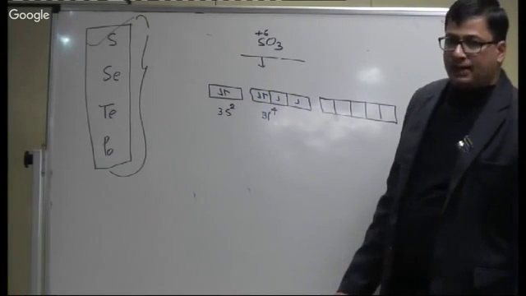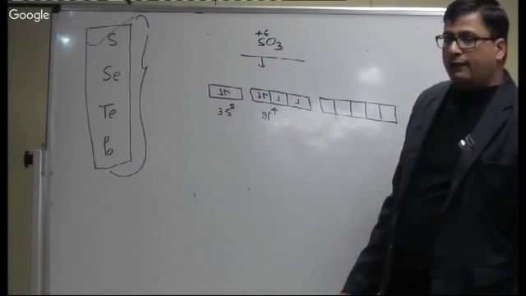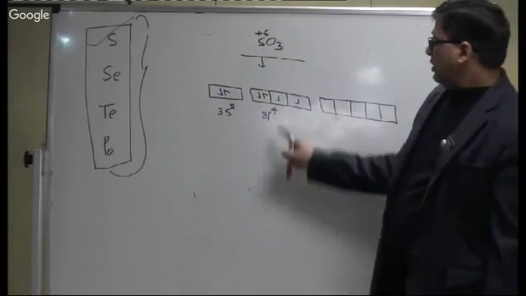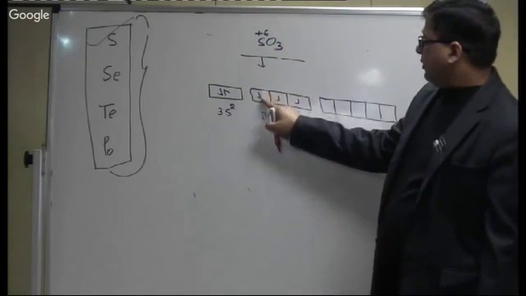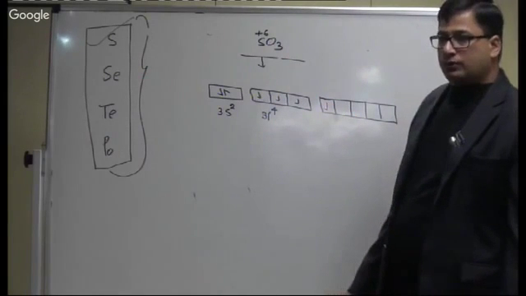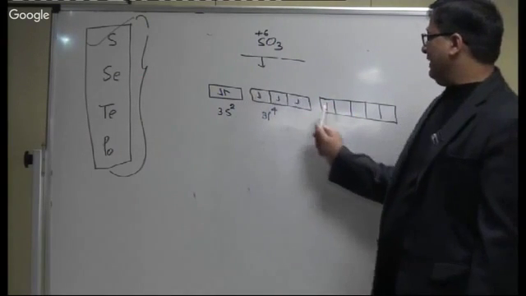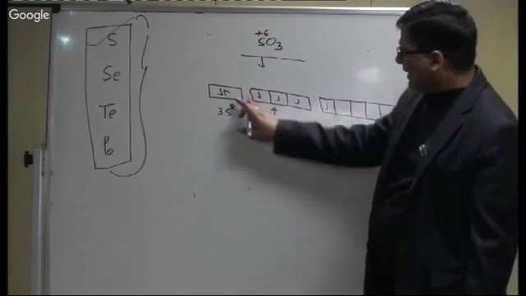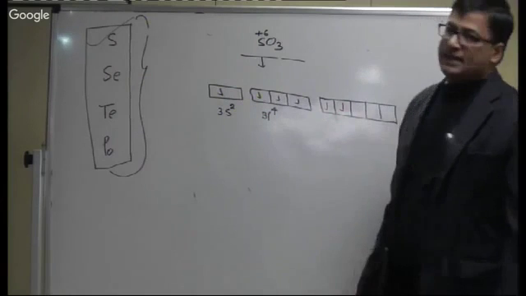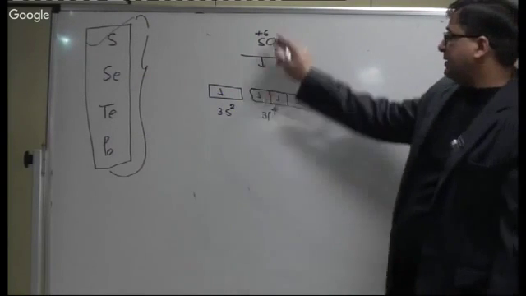So we have to excite the electrons such that the number of unpaired electrons equals the oxidation state of the central atom. If I excite this electron, there are now 4 unpaired electrons. If I excite this electron also, the unpaired electrons are 6, and we required 6 unpaired electrons.